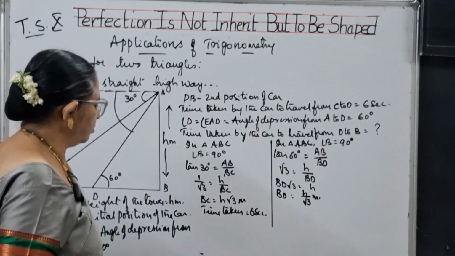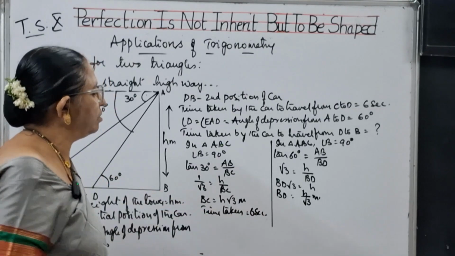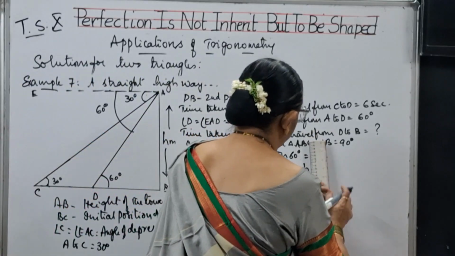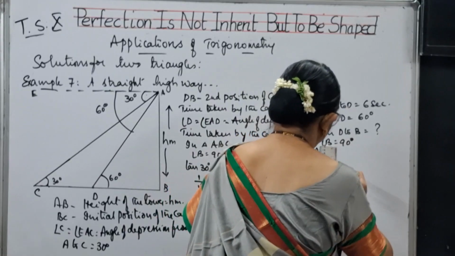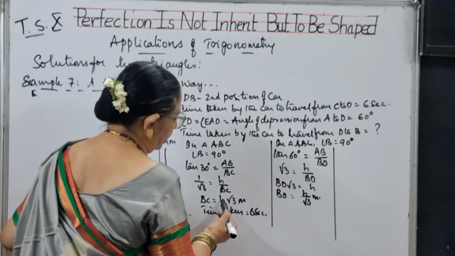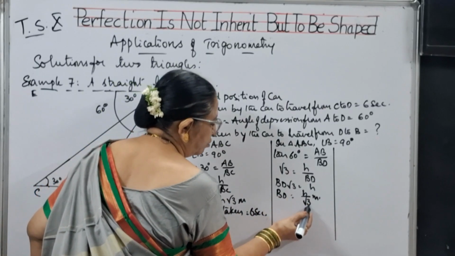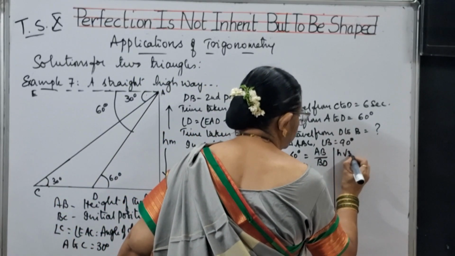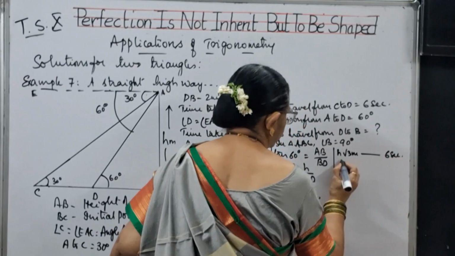So the question is, to travel BC, time taken is 6 seconds. That means to travel H root 3 meters, it took 6 seconds. So to travel H by root 3 meters, how many seconds? H root 3 meters takes 6 seconds.